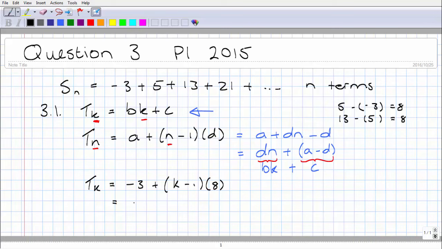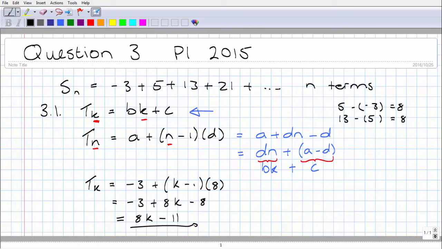We work that out and we see it's negative 3 plus 8k minus 8, minus 3 minus 8 is minus 11, so we end up with 8k minus 11, and that's your answer.